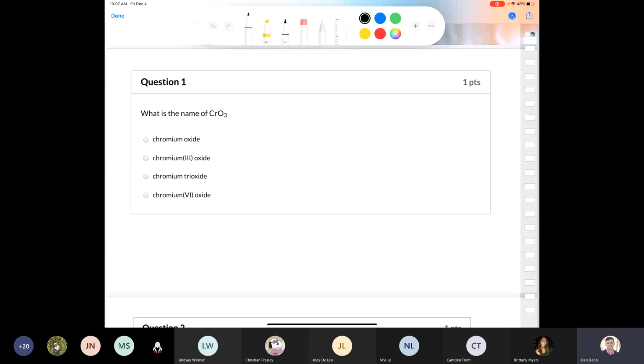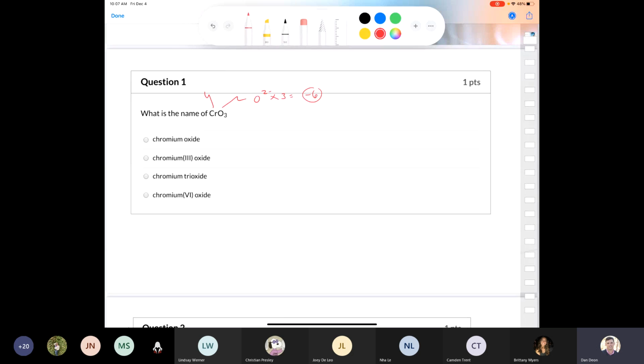It's asking you to name this compound. So you have CrO3. Cr is chromium, and chromium is a transition metal. Transition metals oftentimes can have more than one oxidation number. Oxygen has an oxidation state of -2, and we have 3 of those, so that gives us an overall -6.